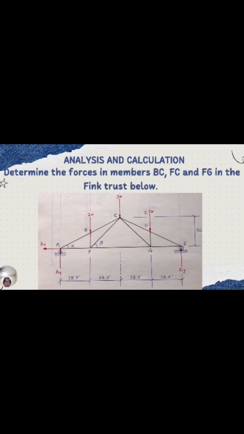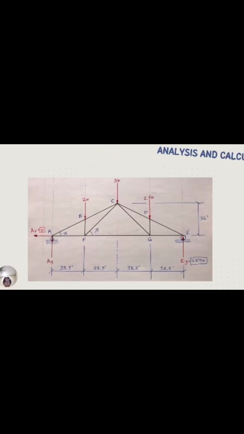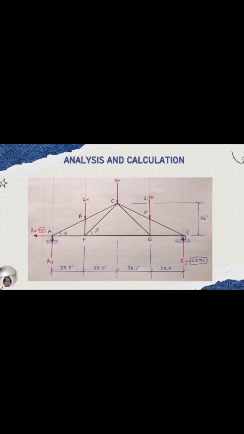First, I have to calculate all the external reactions. There are no horizontal loads, so obviously the sum of forces in x is zero, and A sub x is zero because there is no horizontal reaction.